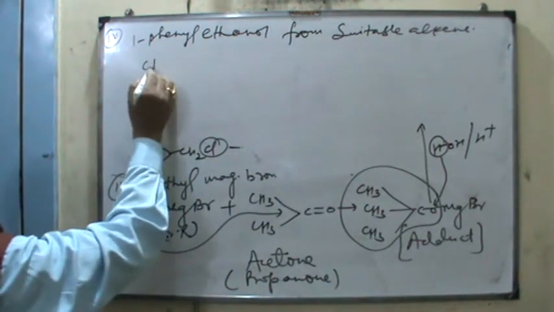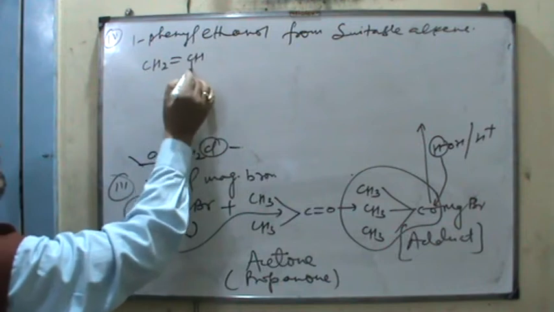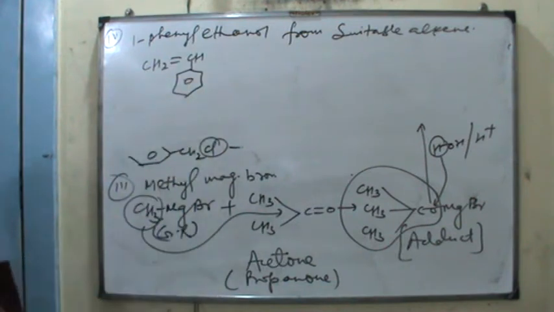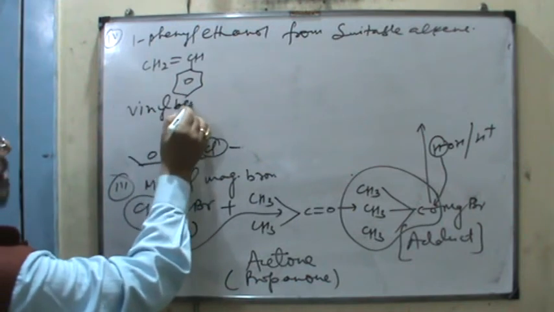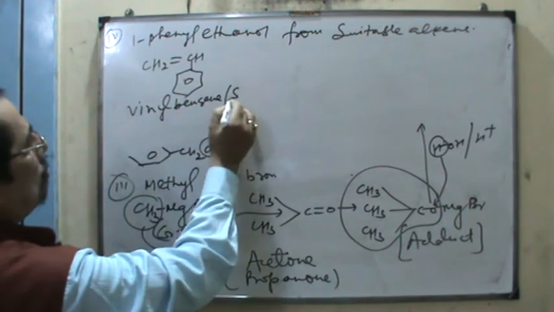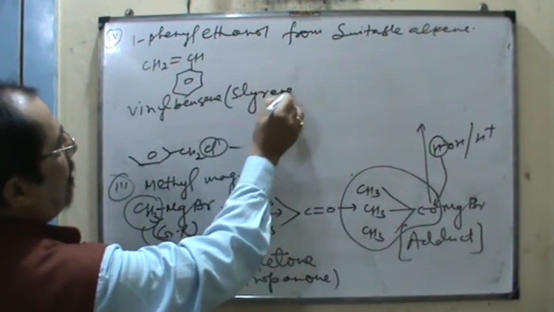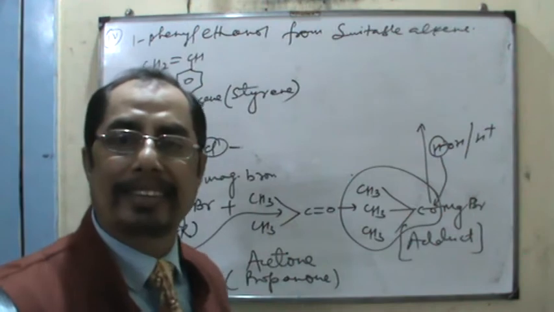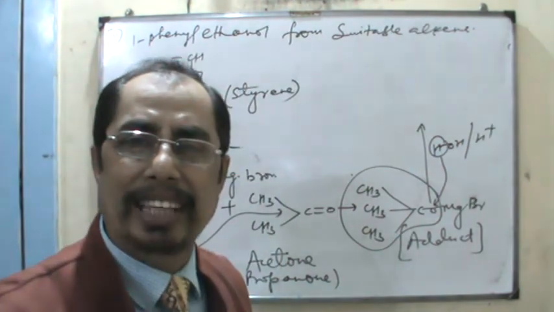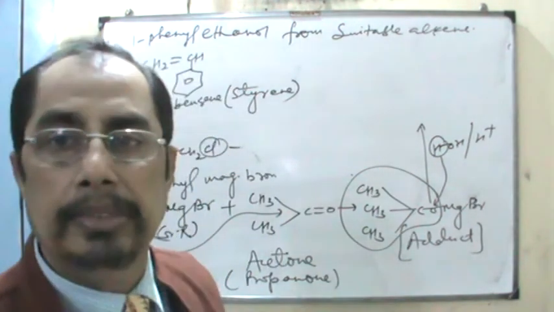You take this kind of alkene, CH double bond CH2, vinyl benzene. It is also known as phenylethylene, or styrene.